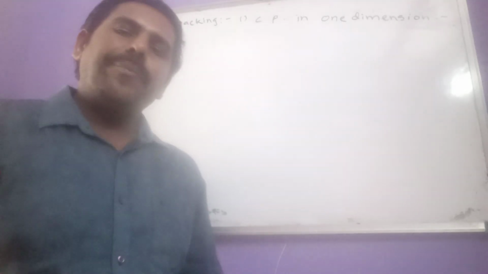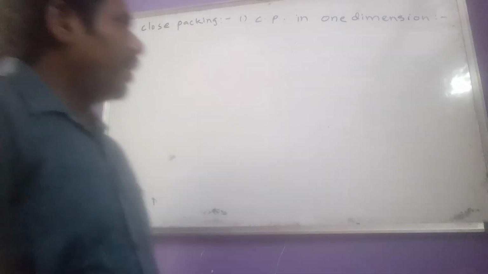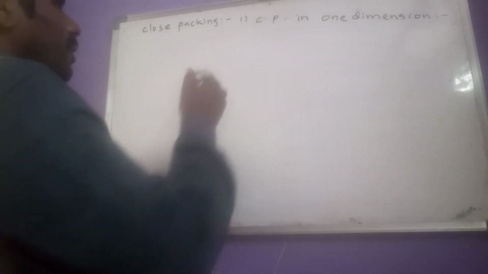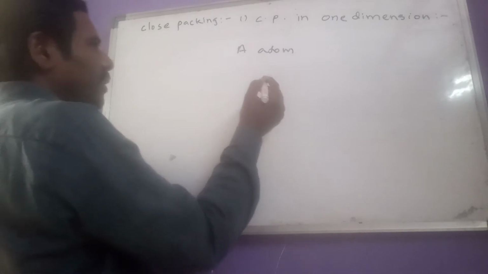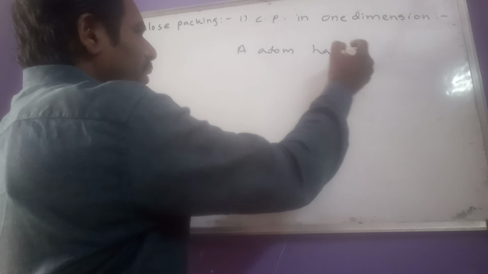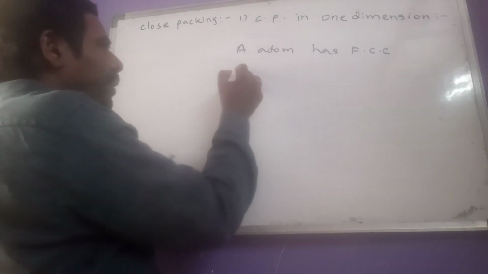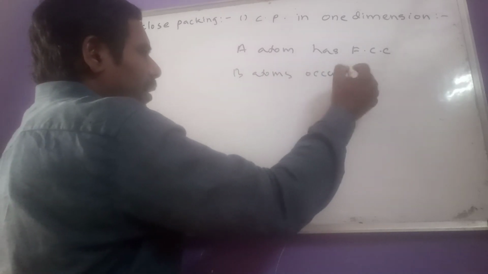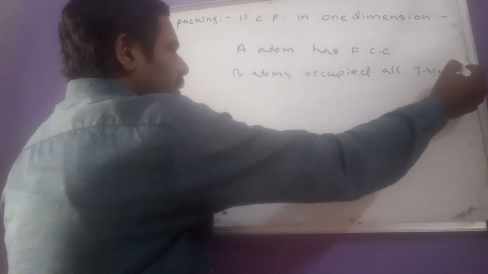Okay, then what are the questions related to these tetrahedral and octahedral voids? Let us see. So what are the questions here? For example, A atom has FCC arrangement. B atoms occupied all tetrahedral voids.